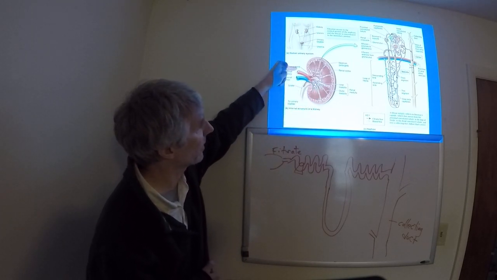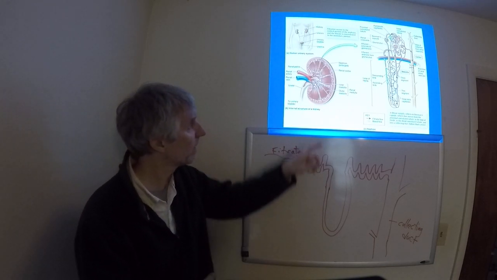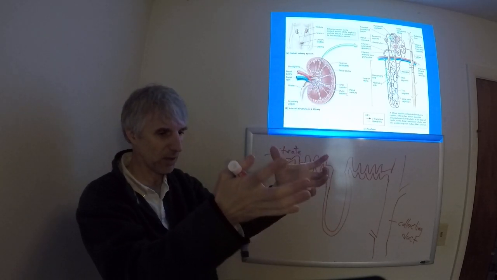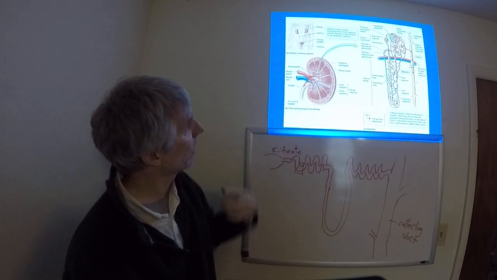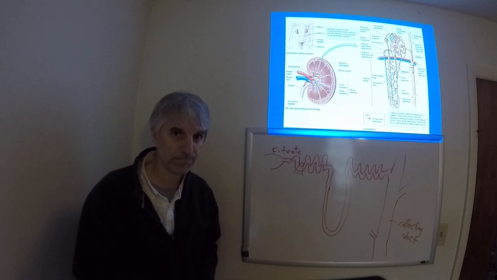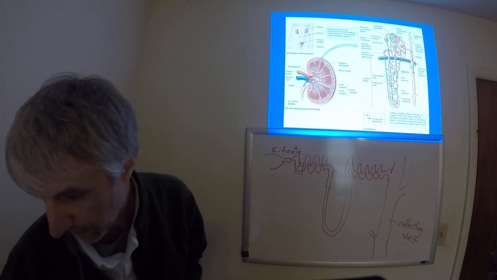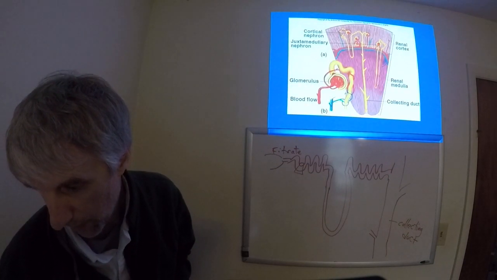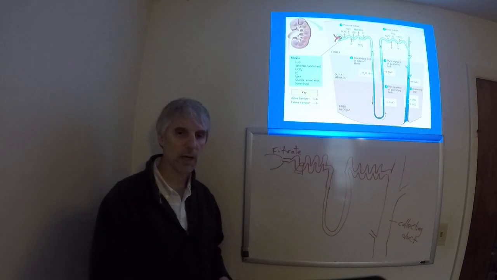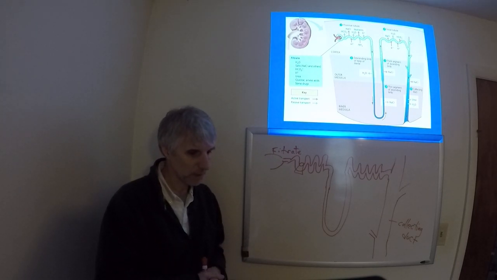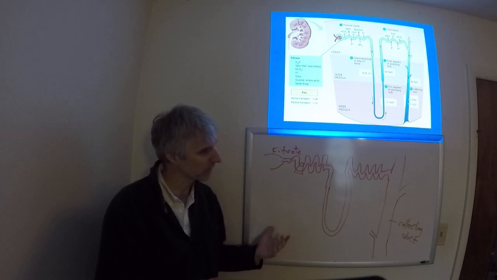Those are coming together here into this large tube called the renal pelvis that then tapers in to this thing called the ureter, and then to the urinary bladder, and then to the urethra. Okay. Make sure I've got everything here. So where we are right now, this should finish off the basic excretory unit, this vertebrate kidney.